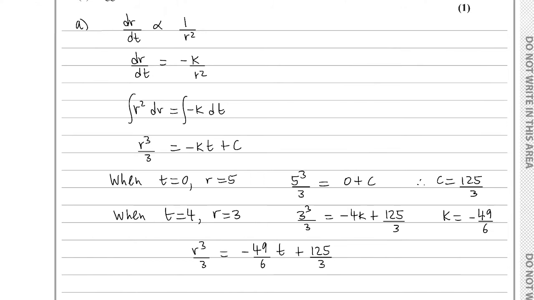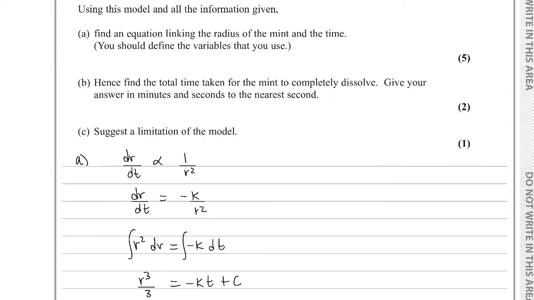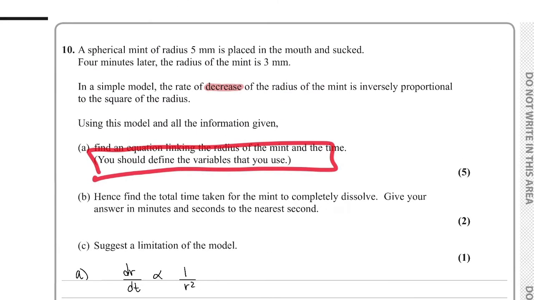We were asked to find an equation linking the radius of the meat and the time. You should define the variables that you use. We've been asked explicitly for a definition of the variables. We have to be careful.